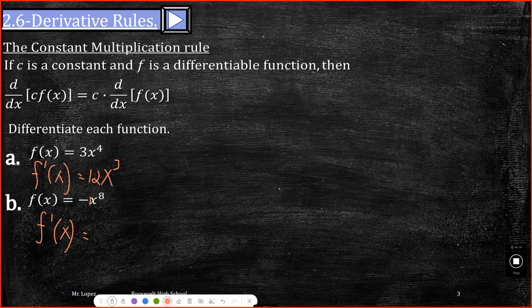What's the derivative of this? I said multiply this 8 times the negative 1. You're multiplying. So 8 times negative 1 is negative 8x to the what? Yep. So you're multiplying times whatever that number in the front here is.